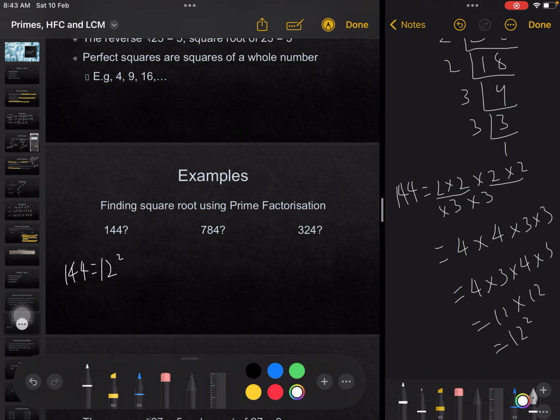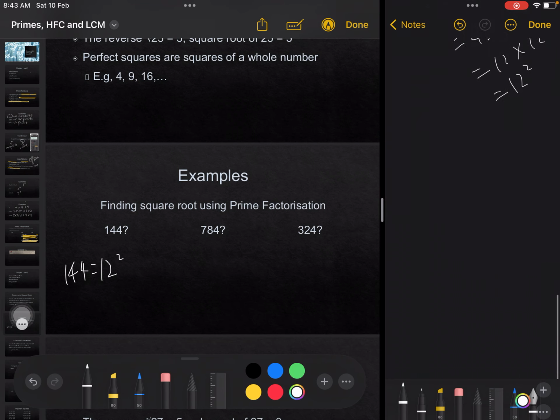Okay, let's try another example. 784. Again we do prime factorization first. 784 divided by 2. This is going to take a while. 392. Divided by 2 again, 196.